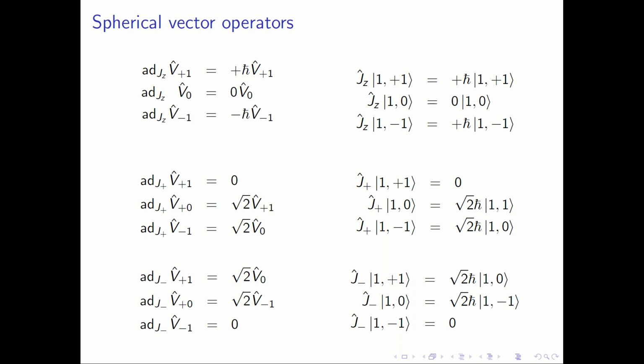And ad Jz, ad J plus, ad J minus may be superoperators, they may act on operators, but they have exactly the same commutation relations. So their eigenvectors, which are operators, of ad Jz will behave the same way, not a surprise at all. So this is a reason why spherical vector operators essentially behave exactly like angular momentum eigenstates. But now you must be wondering, why stop at spin 1?